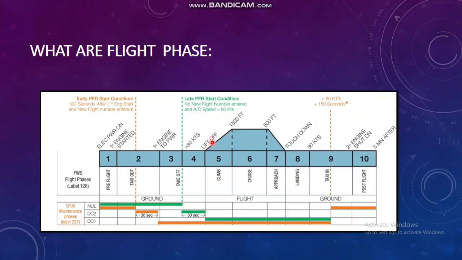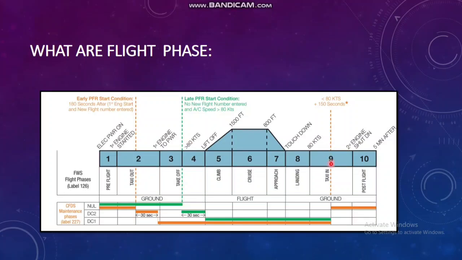Once the aircraft is lifted off, till 1500 feet it will be climbing, phase 5. Then phase 6 will be the cruise. Then 800 feet to touchdown will be approach, phase 7. Touchdown plus speed reduced to 80 knots, it will go to the landing phase 8.